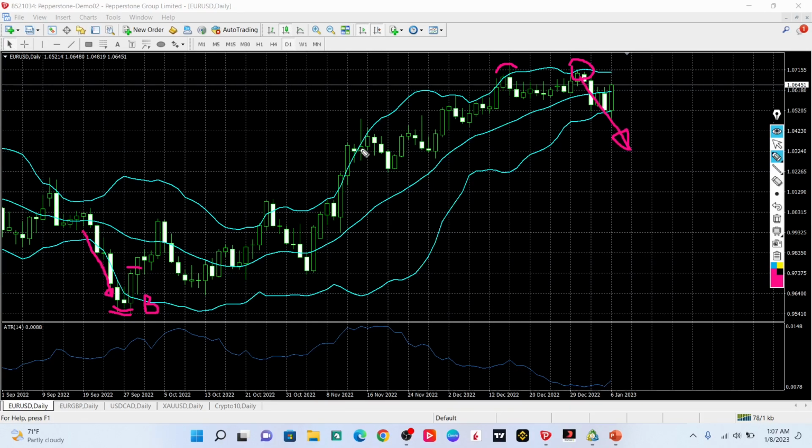And we also agree that it does not work all the time because, for example, right here, the price hit it and then it tried to form this black cross right here. These three very successful candles, and then it did not continue downward.